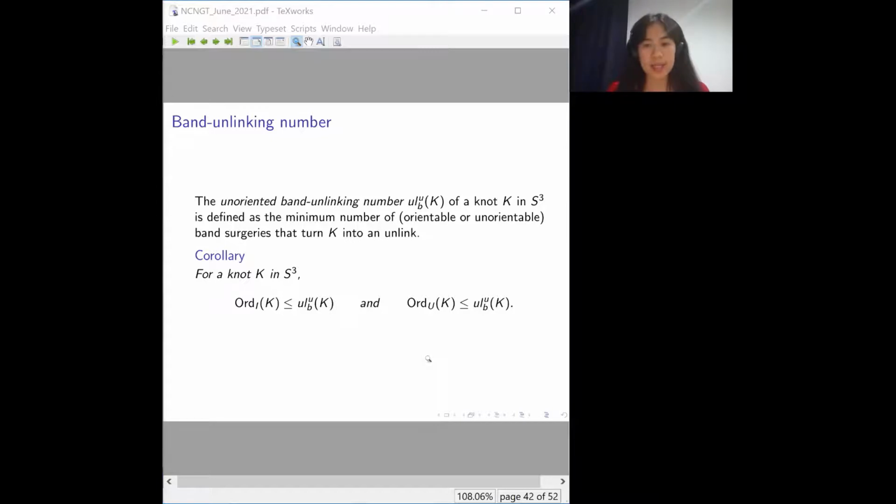And you can see this just because if you have this cobordism that goes from your knot to the unlink, then if you cap off some of the components of the unlink, you get that basically this unoriented band unlinking number can be seen as the number of deaths plus this unorientable genus.